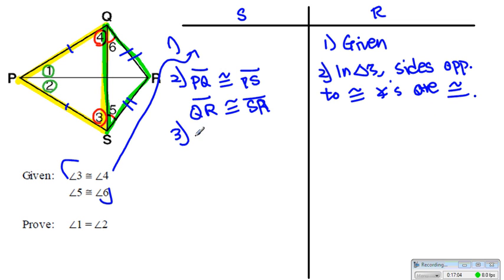Statement number 3. Now, we are already sure about those two things. You can even say angle PQR must be congruent to angle PSR. The reasoning will be the addition postulate.